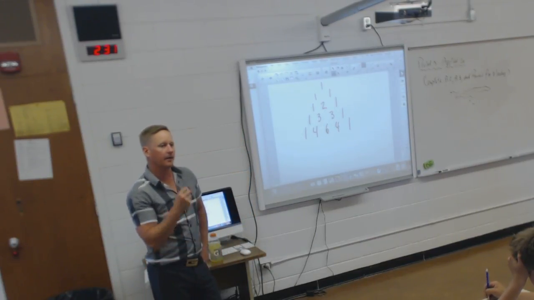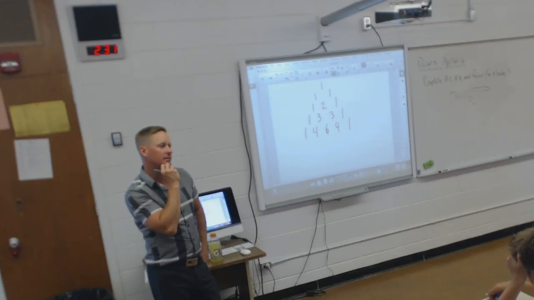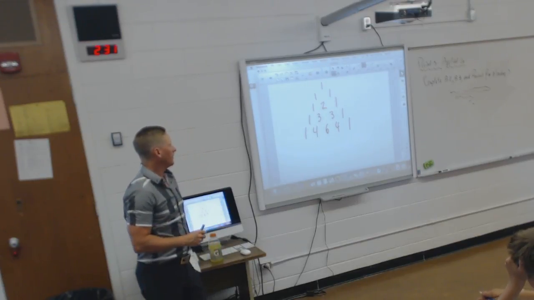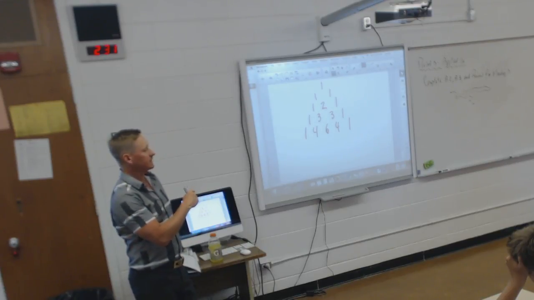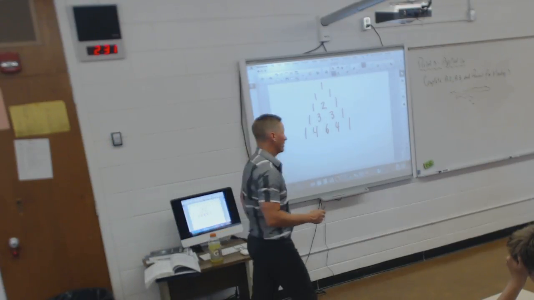And what we want to be able to do is expand out binomials, and we can use this to help us with our coefficients of the binomials.